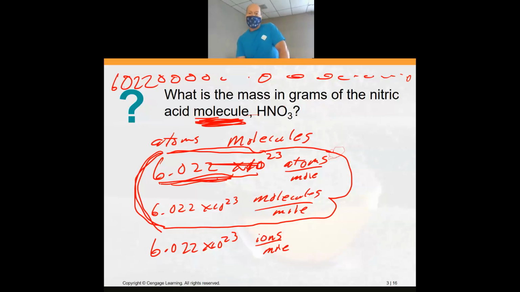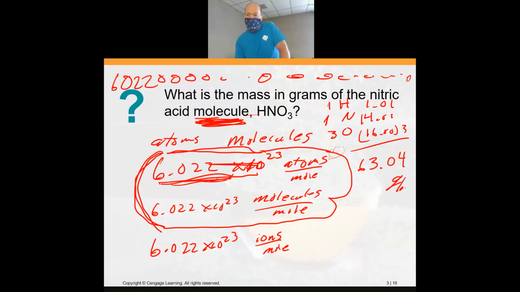So we have 1 H, we have 1 N, and we have 3 O's. All right, so we have 1.01, we have 14.01, and we have 16.00 times 3, and we can add those up. So 48, 52, 53, 63.04 grams per mole.